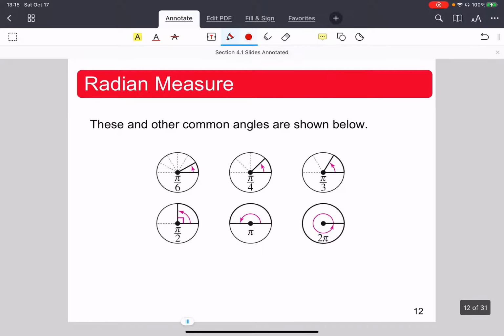So here are a couple of diagrams for what we're just talking about. Again, instead of having one full revolution, if we want to have 1/6 of a revolution, you're going to have theta looking like 2 pi over 6, because we have 1/6 of a revolution.